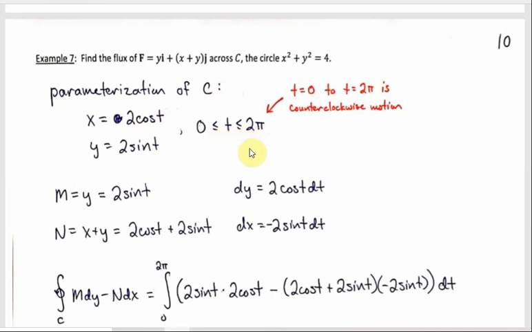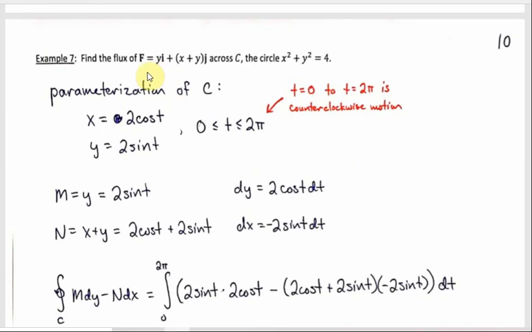That gives us the simple closed curve, and from t equals 0 to t equals 2 pi, that's counterclockwise. There are other ways you could set this up, but that's the simplest. We've got counterclockwise motion and a simple closed curve, so we're all set.